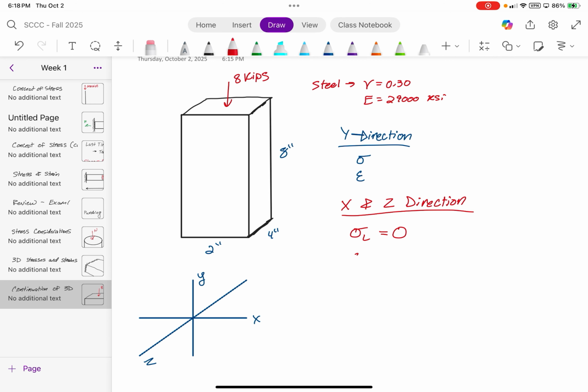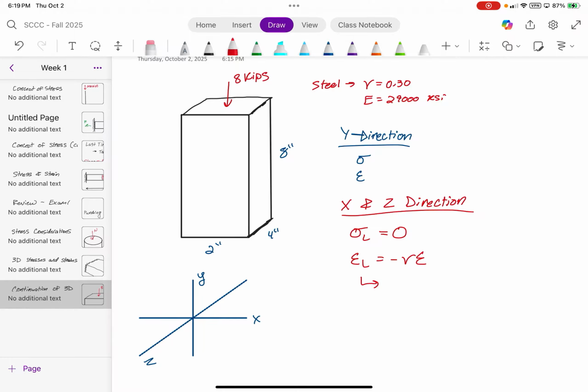And then the lateral strain is going to be negative nu times epsilon. And this lateral strain, we can identify as x and z parts, right? Because the lateral strain is going to be occurring in both the x and the z directions. You guys agree with me on that?